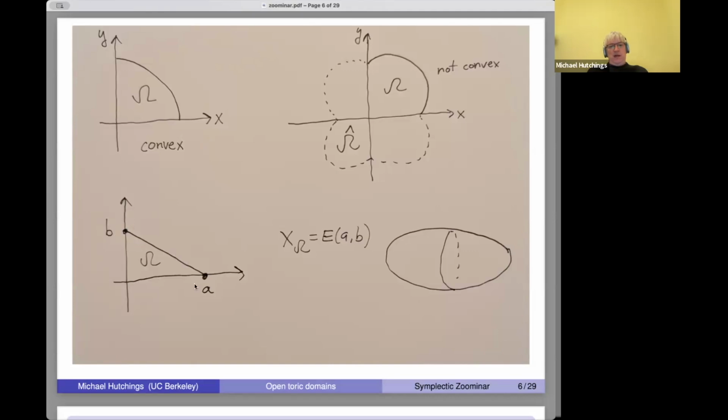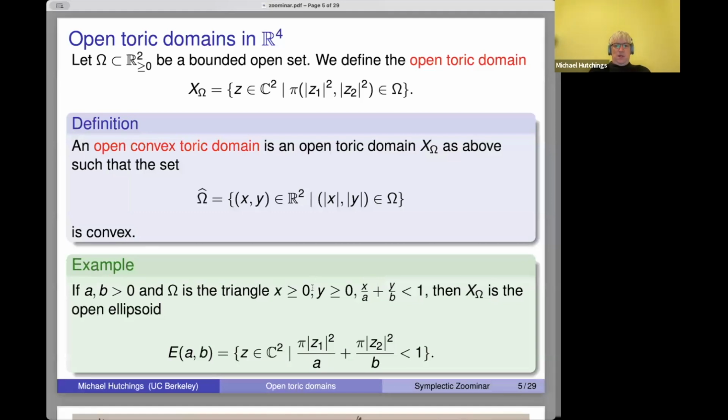But these pieces of the axes are in omega. So that in inequalities is described this way. So x is greater than or equal to 0, y is greater than or equal to 0, and x over a plus y over b is less than 1. And then the corresponding toric domain is the ellipsoid E(a,b), which is given by this inequality.